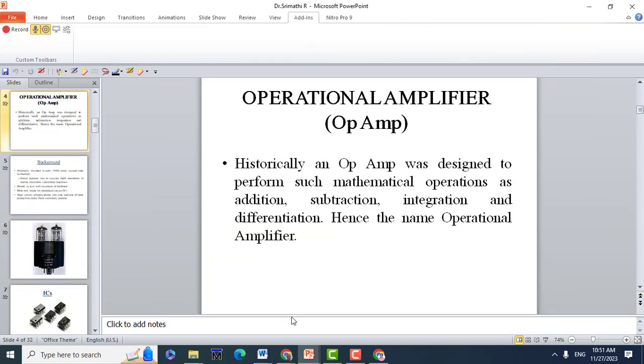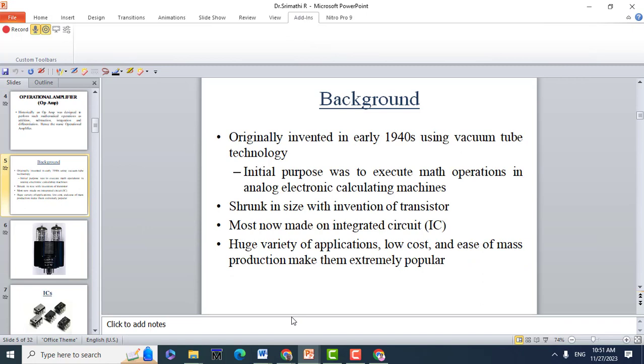Before going into detail for the operational amplifier and the 741, I'll just go ahead with the background of operational amplifier. This was originally invented in the year 1940, and as I said, it was first invented to execute mathematical operations in analog electronic calculating machines. And the size of the operational amplifier has shrunk after the invention of the transistor.